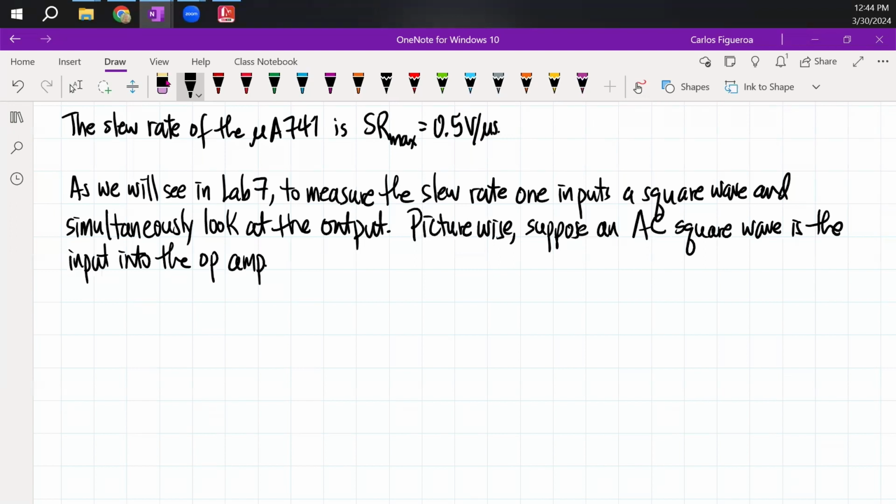So if we use a voltage follower, we're going to find that it's going to do something like this. Let's break this up into two situations.